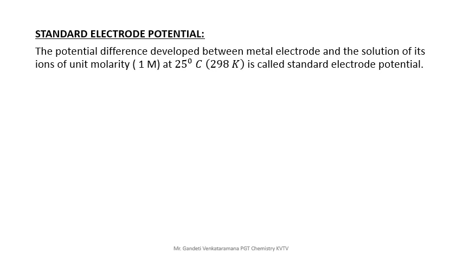Clear? Electrode potential was already discussed; what we are defining now is standard electrode potential. Standard means always remember molarity 1 M, temperature 298 Kelvin or 25 degrees centigrade. Is it clear?